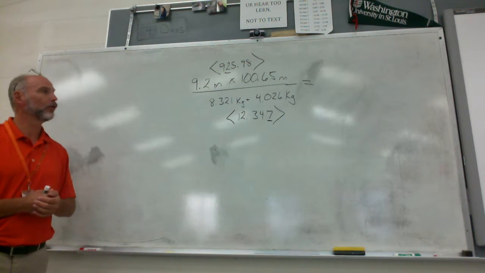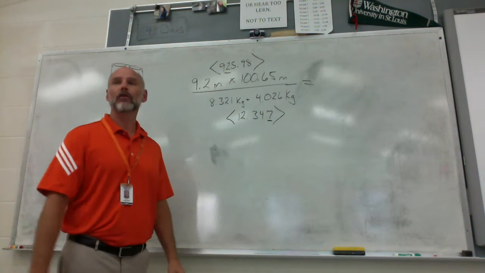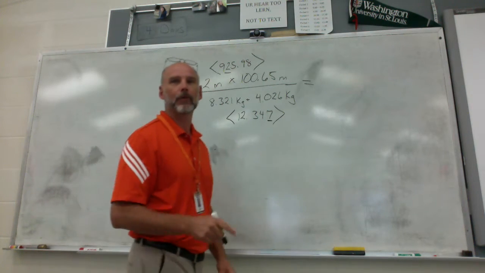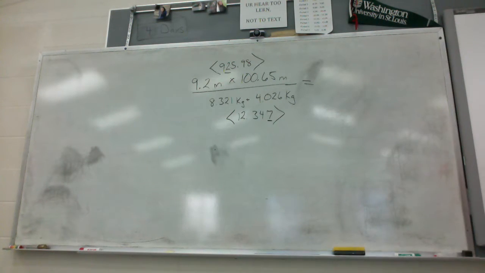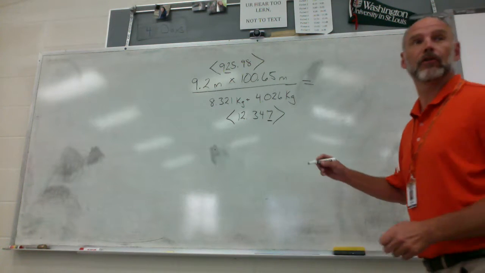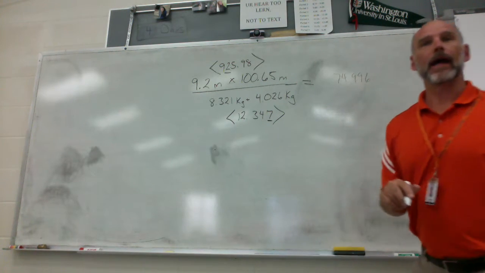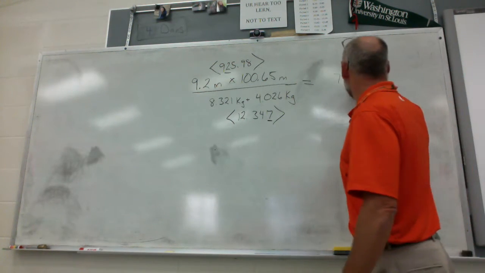Okay, so now we're going to do some division, right? So we divide this value by this value. Just out of curiosity, what answers were you guys coming up with? Bryce? What'd you get? 74.996. Did anybody else get something other than that? This is after the initial division.